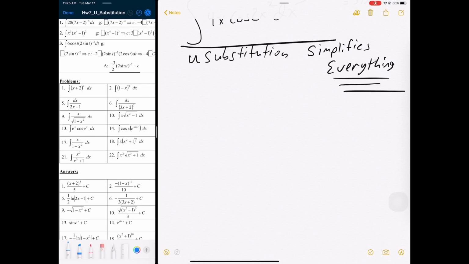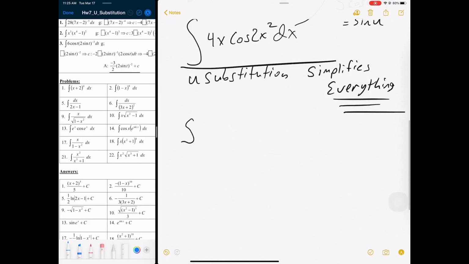So let's go ahead and do this problem. The integral of 4x cosine of 2x squared dx. Does that look like our rule, the integral of cosine of u du equals sine of u?